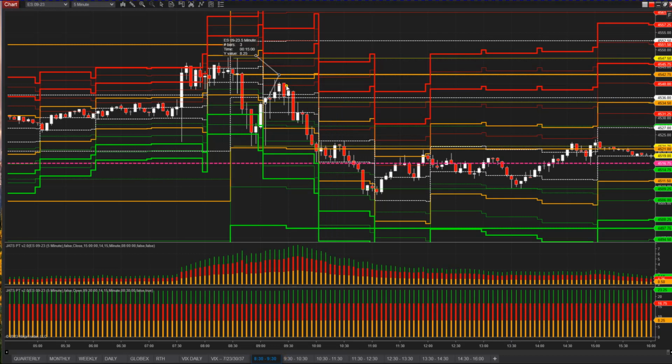You did take heat, but always better to have the wind behind your back with momentum and get positioned instead of trying to start shorting in an up move. I mean, this could have easily broken out and kept going. Always wait for your bar to close, whatever time frame you're trading, and then you'll have your momentum and your direction, especially if you have an idea of where you want to go.